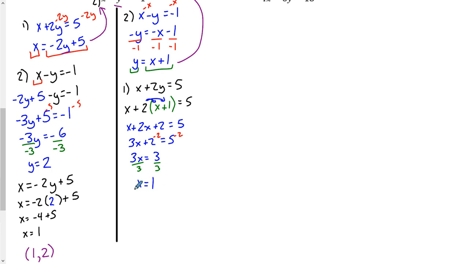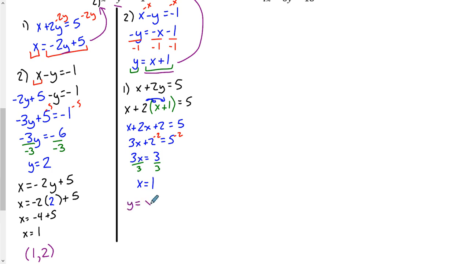From there, I take my x equaling 1, and I plug it into one of my equations. The one I would probably suggest is the one that already has the y solved for it. Well, y equals x plus 1.